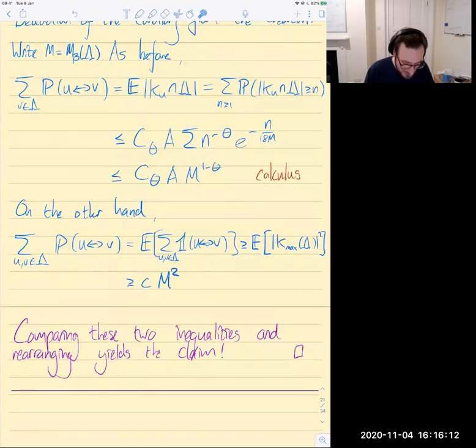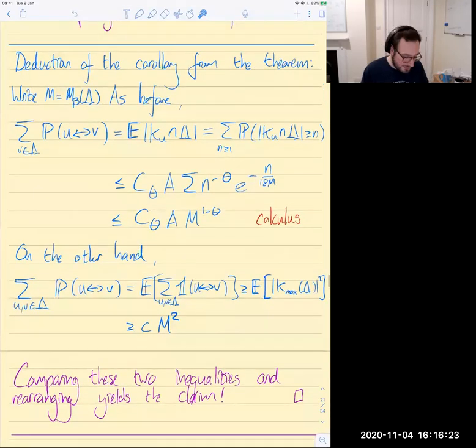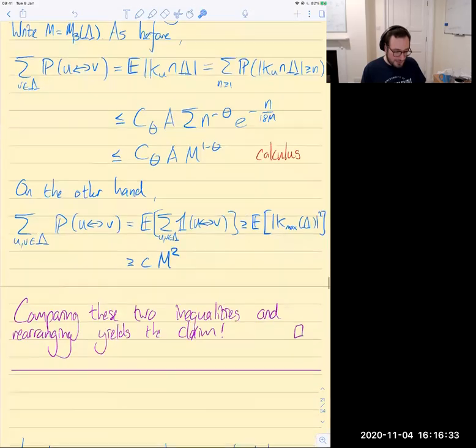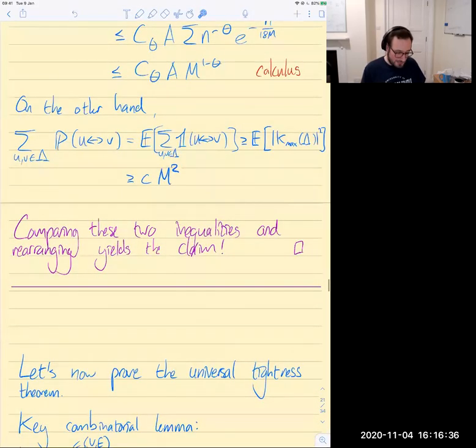And this maximum cluster size was at least m minus 1 with probability at least 1 over e. So you get that this is at least constant times m squared. And if you just compare these two, you sum this bound over u and then you compare them, you get the claim. Okay, so this is very simple.